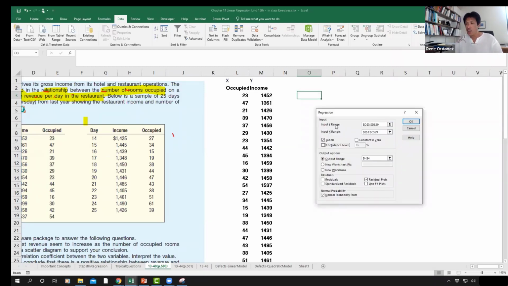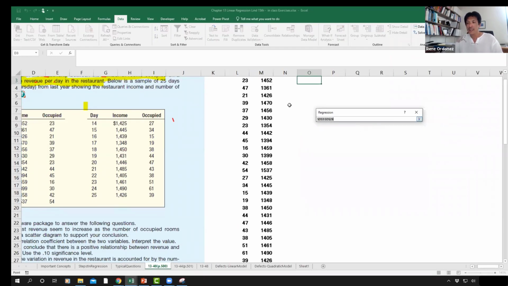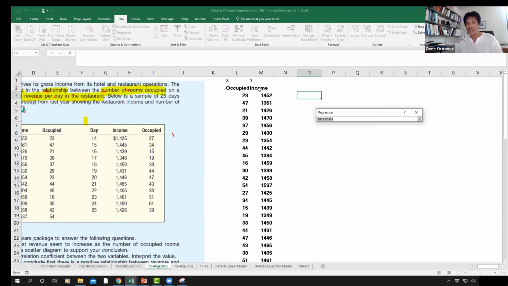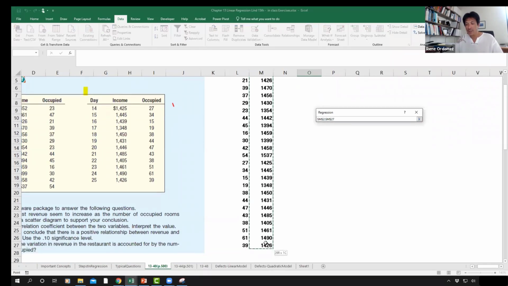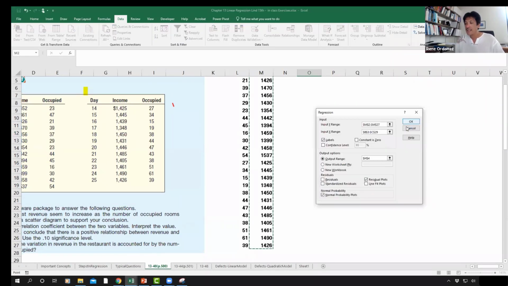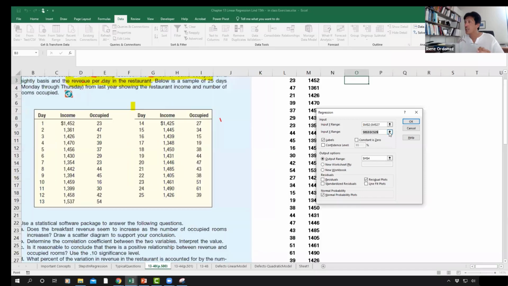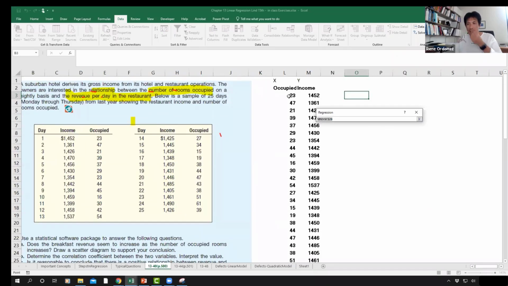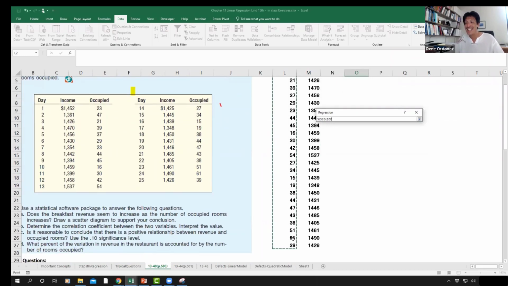It says input Y range. The input Y range will be from, see, income, I'm going to include income, the label, scroll down all the way to 1426. Next, we declare the input X range, which would be from L2 down to L27.